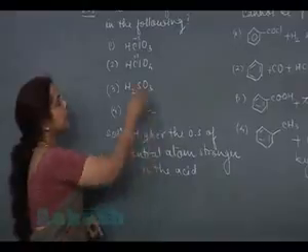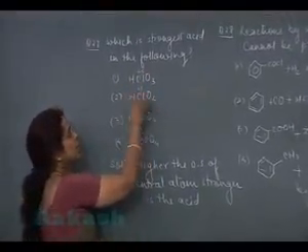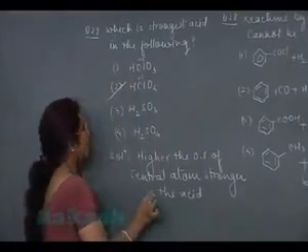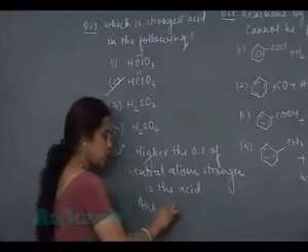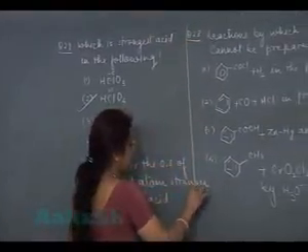So if we compare HClO3 and HClO4, HClO4 should be the stronger acid. Hence answer of this question is option number 2. The next question is question number 28.